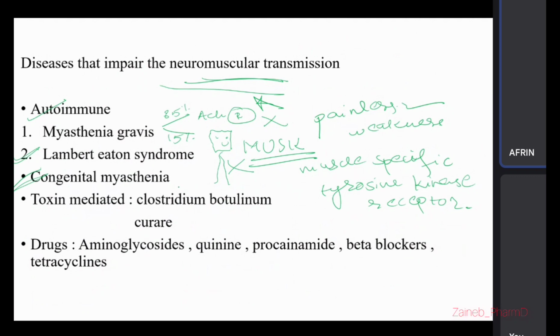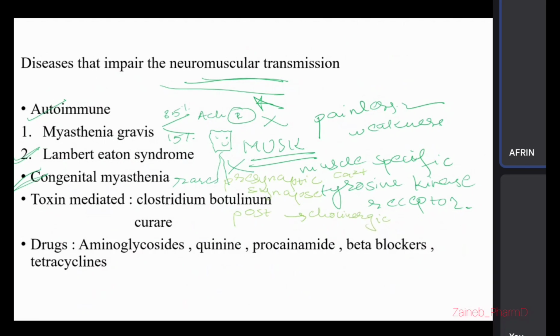Now, congenital myasthenia gravis is very rare, and it is inherited, in which the inherited defective gene makes a defective protein. Which proteins? The proteins of the presynaptic component, say the calcium channels are defective, or the proteins of the synapse are defective, or the proteins of the postsynaptic membrane are defective, say the cholinergic receptors.